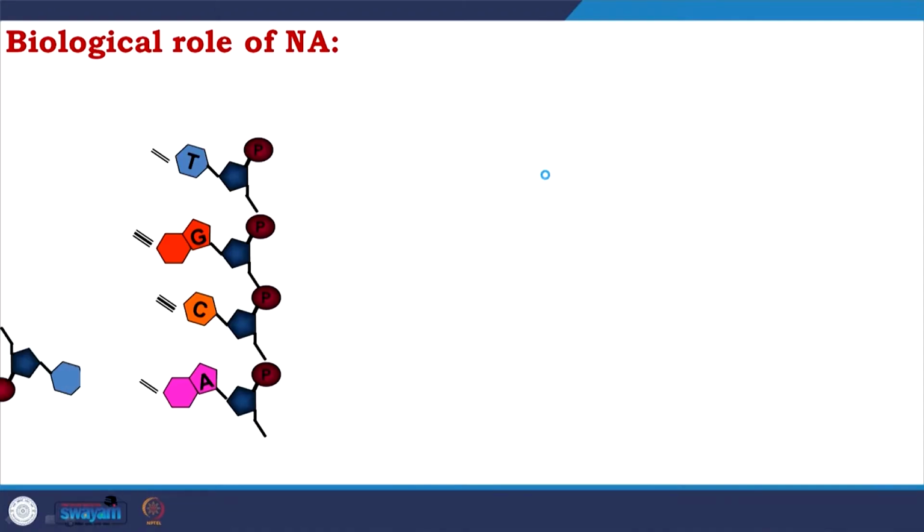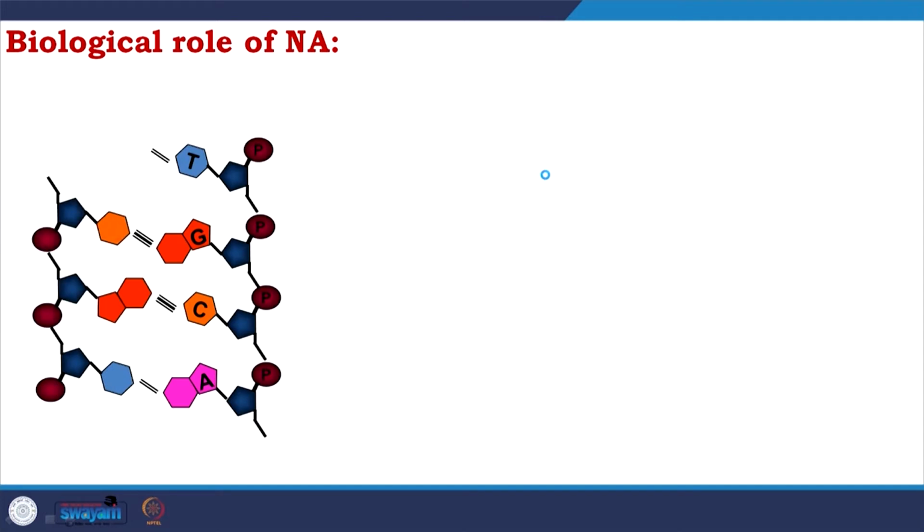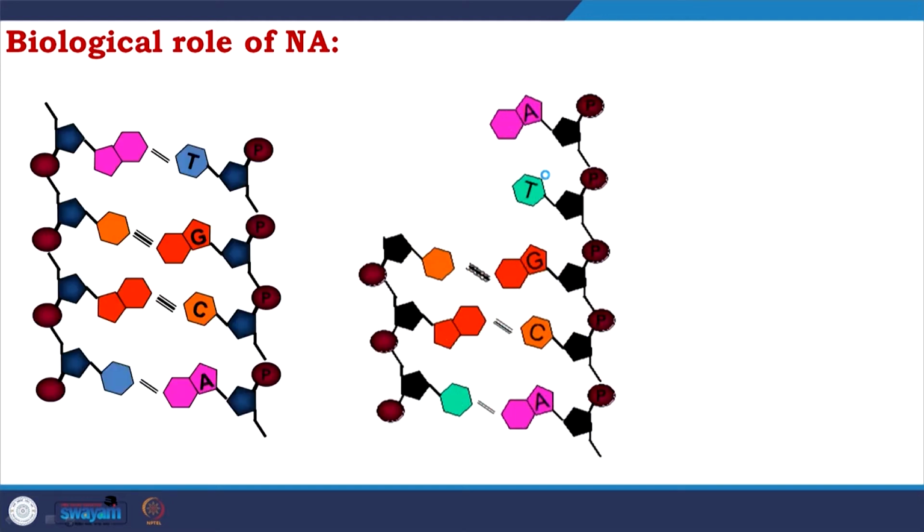So, this is normal DNA synthesis, where A is there, so T is coming, C is there, so G is coming, G is there, so C is coming, and T is there, so A is coming. In that way, a newly formed chain continues to form a new DNA molecule. Whereas, if instead of deoxy we have dideoxy, what will happen?